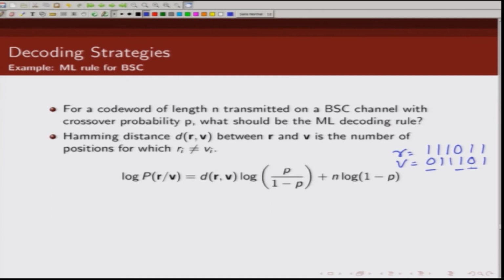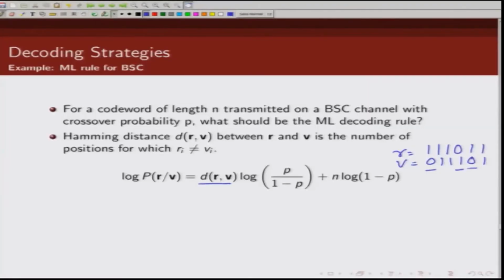Now, when we send an n-bit code word over a binary symmetric channel, what happens? Some of the bits will get flipped with crossover probability p. Let us denote the number of flipped bits by d. The Hamming distance between R and V specifies the locations where R and V are not the same, and those are the locations where errors have occurred.